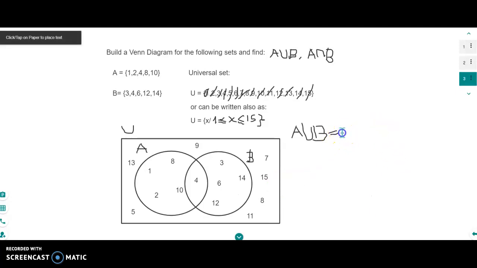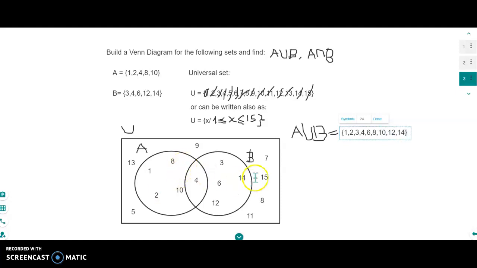So A union B will be all the elements in A and also in B. So it will be, for example, 1, 2, 3, 4, we have 6, we have 8, we have 10, we have 12, and we have 14.